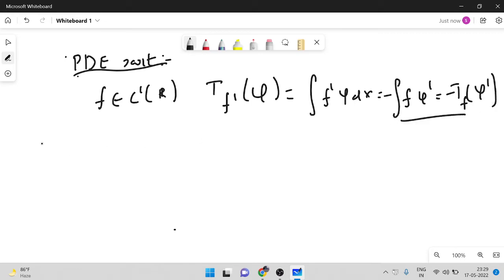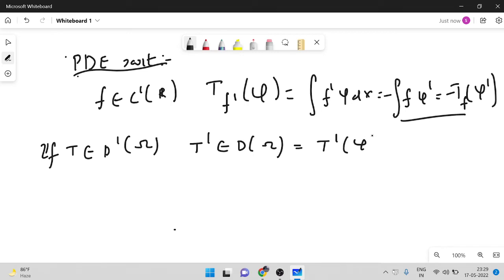It's basically just changing the order of integration. So if T belongs to D' of omega, we define T dash such that T dash of phi equals minus T of phi dash. This comes from the above expression.